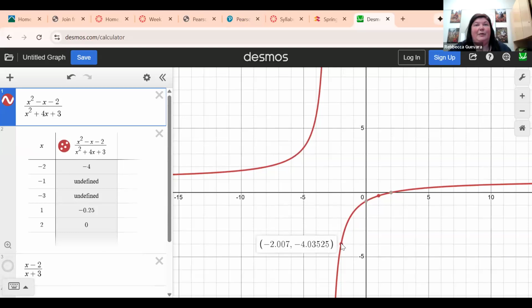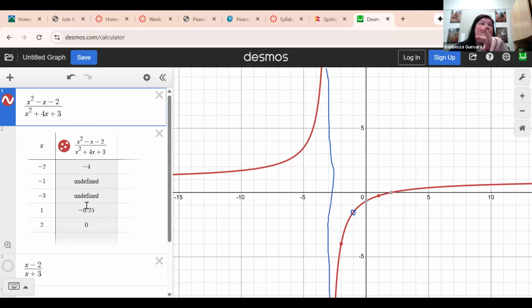So at this point that we marked right here, where we said was undefined, technically we have an open circle at -1. And then we'd have another open circle at -3. I can't show that because of the asymptote. There's an asymptote here at the 3. That's why you don't see anything. And then here, there's an open point. So it's undefined these two places.